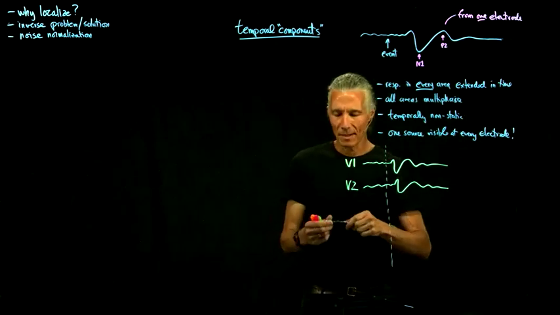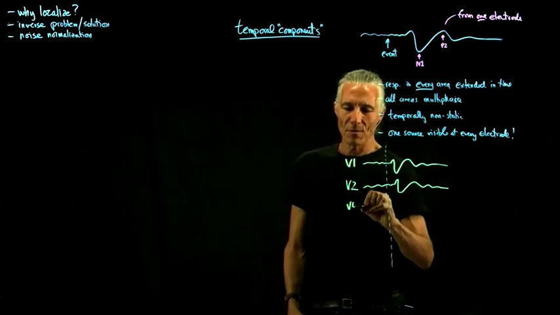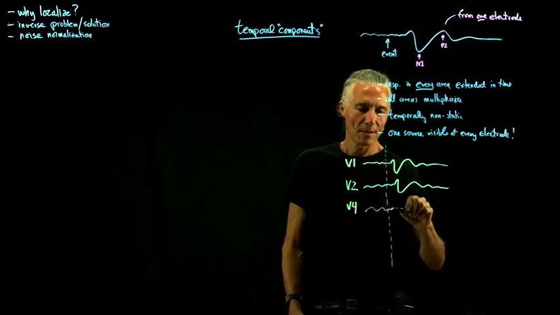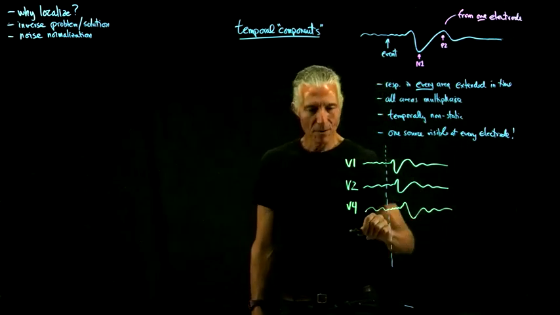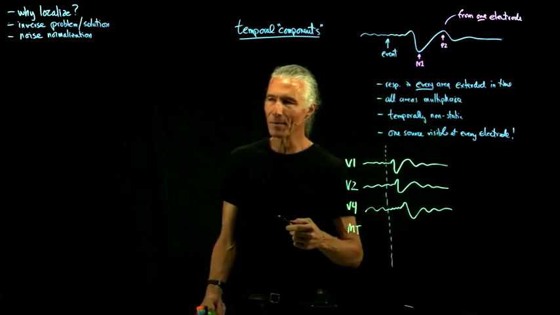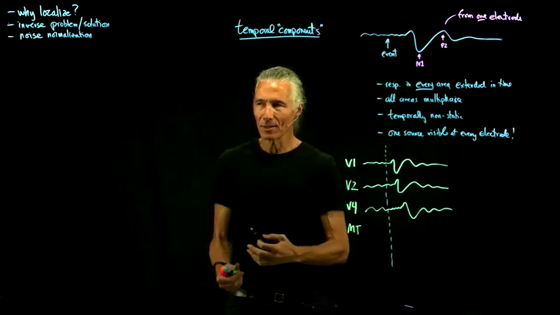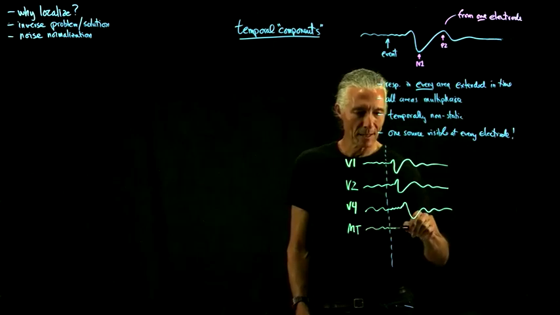There's a little bit of a delay in V2. If you go to an area like V4, there's even a little bit more of a delay. But if you go to an area like MT, since MT gets a lot of input from these large cells that have a lower latency, you can see the MT response is going to be just about as fast as V1.